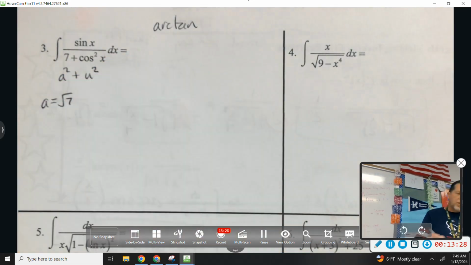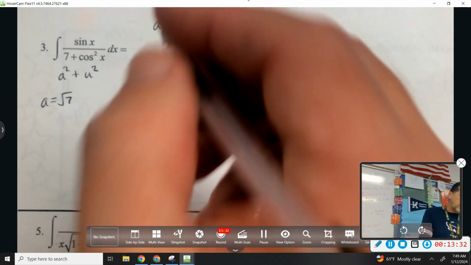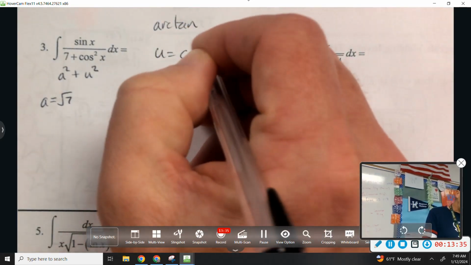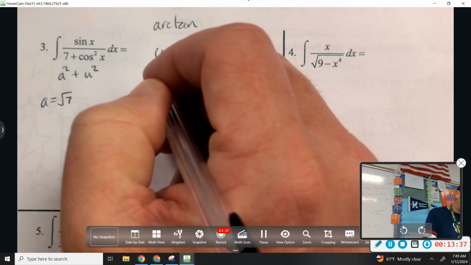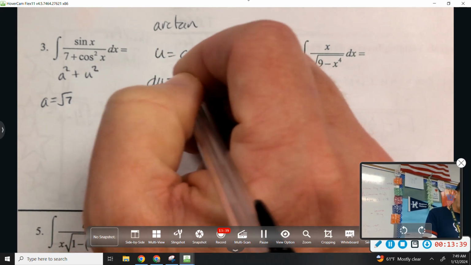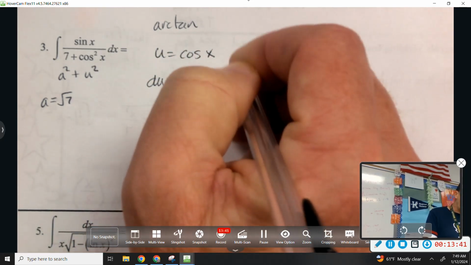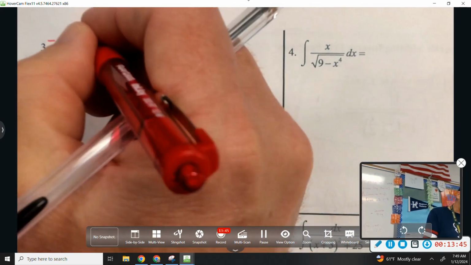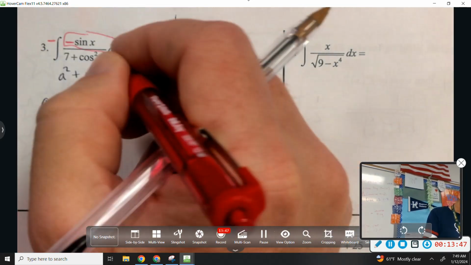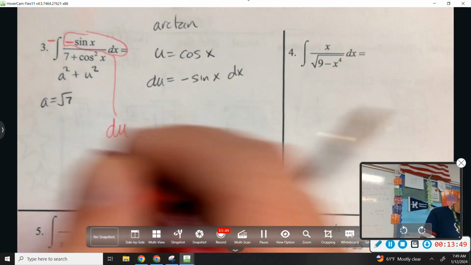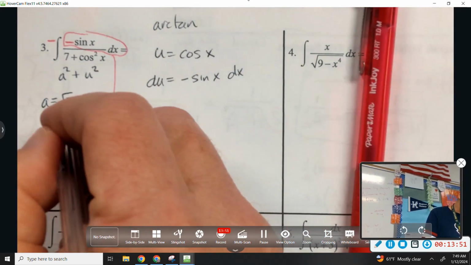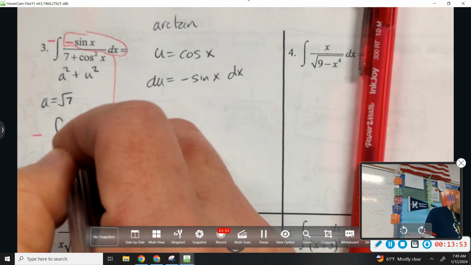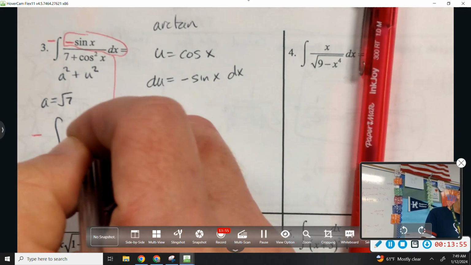A is square root of 7. That's easy because I don't have to do anything else with that. U needs to be cosine. So du is negative sine. So we can put a negative in there, and that's du. Negative out front, 1 over a squared plus u squared.